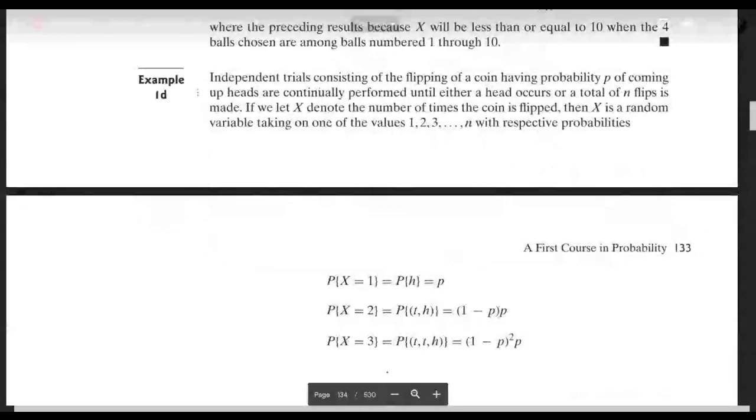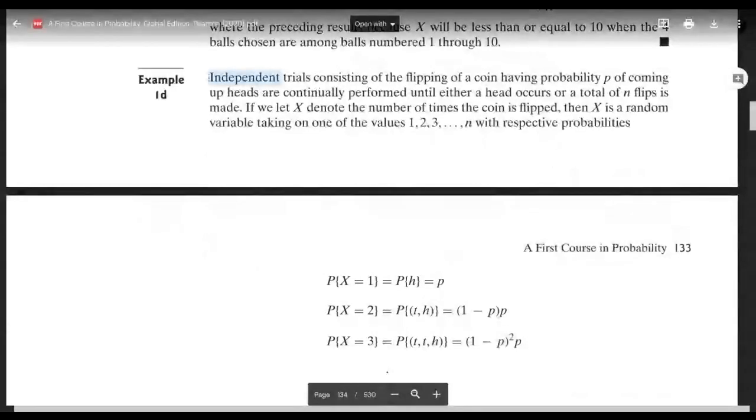Let's see this. Independent trials consisting of the flipping of a coin having probability p of coming up heads are continually performed until either a head occurs or a total of n flips is made.